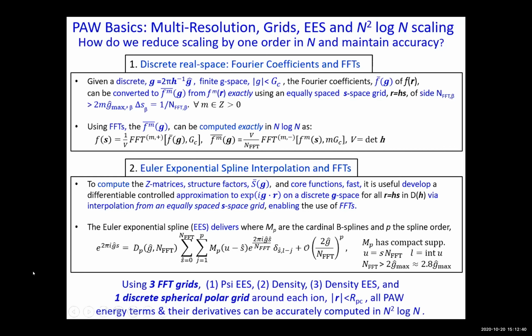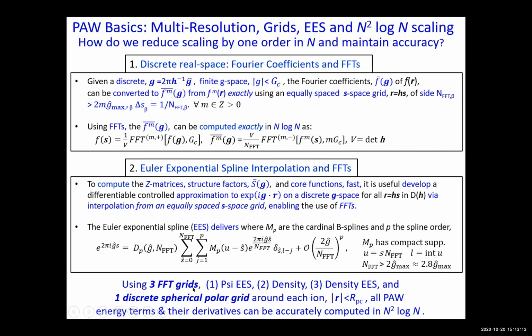Now, this is going to be a multi-grid problem. We have a grid to do Euler exponential spline to calculate overlaps. That's one grid. To compute the density, which is the square of the wave functions, the sum of the squares, we need a density grid for that. And to calculate the Coulomb interactions in N squared log N, we need a density Euler exponential spline.